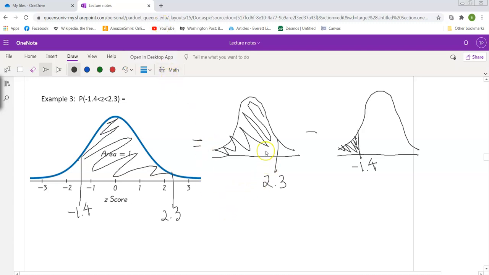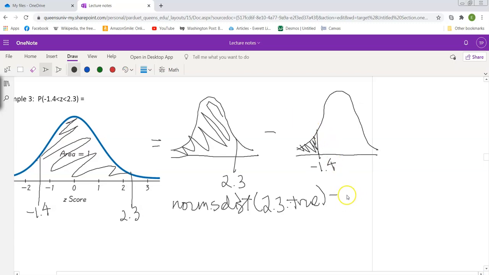So to find this one, this is norm S dist 2.3, true, minus, and this one is going to be norm S dist negative 1.4, true.